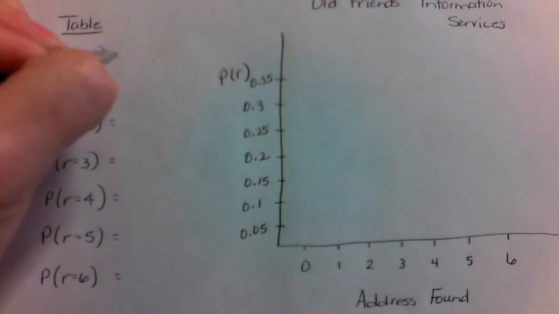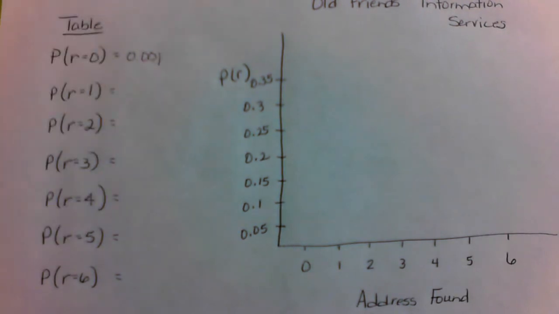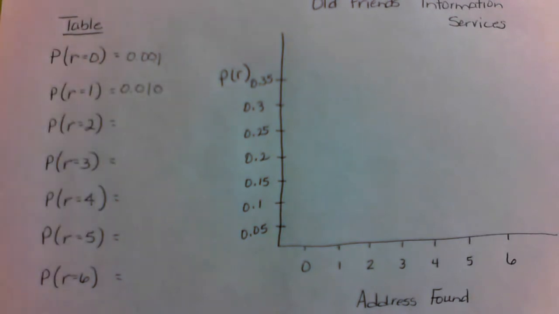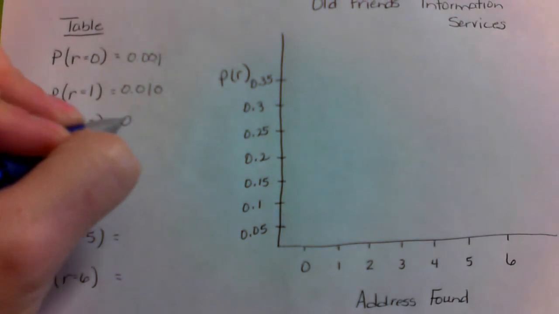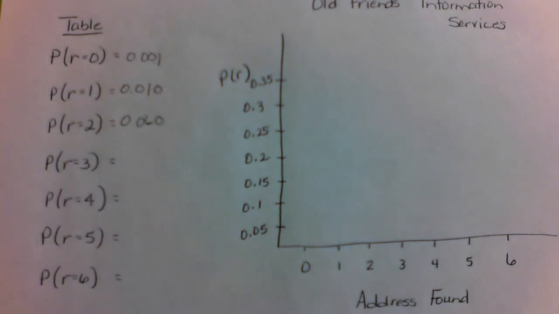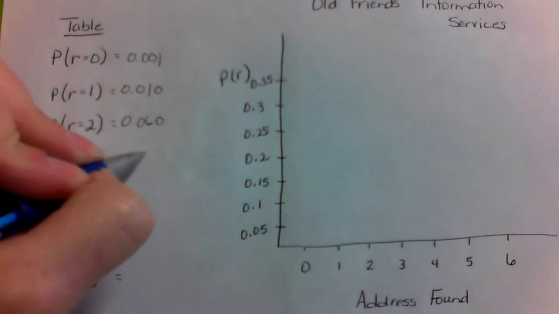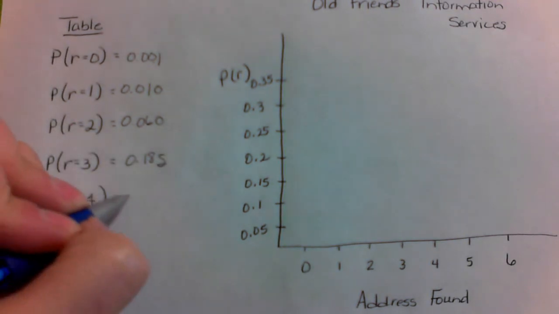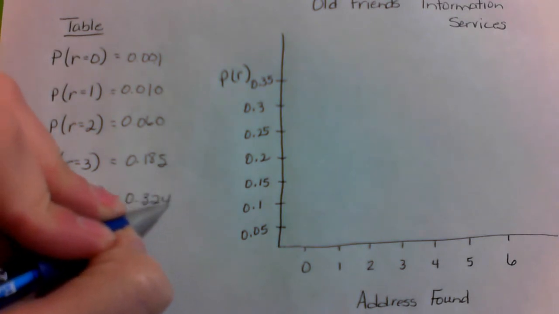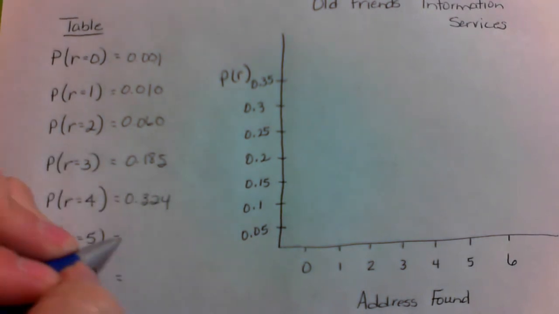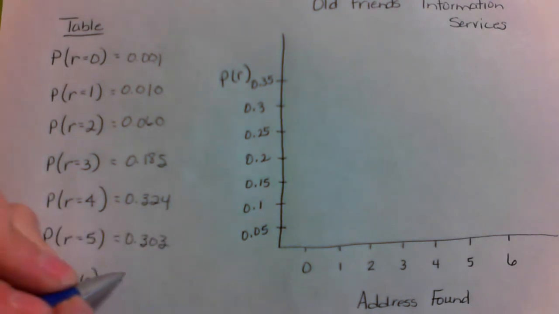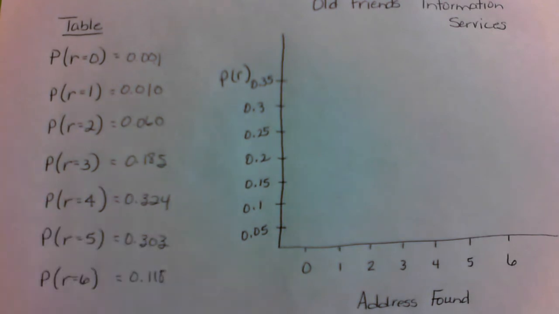So we had 0.001, and that means they didn't find anybody. 0.01, they found 1 address. 0.06 is finding 2 of the addresses. 0.185 is finding 3 of the addresses. 0.324 would be finding 4 of them. 0.303 would be finding 5 addresses, and 0.118 would be the probability that they find all 6 friends' addresses.